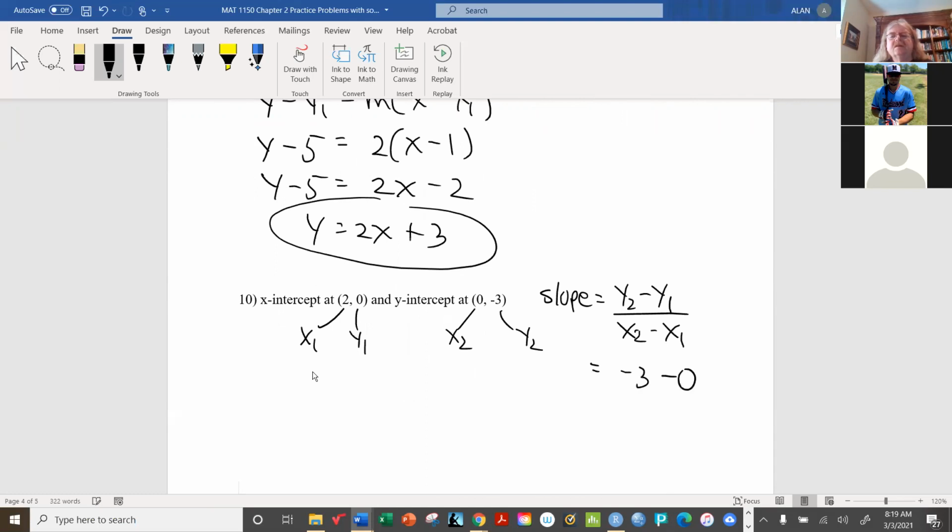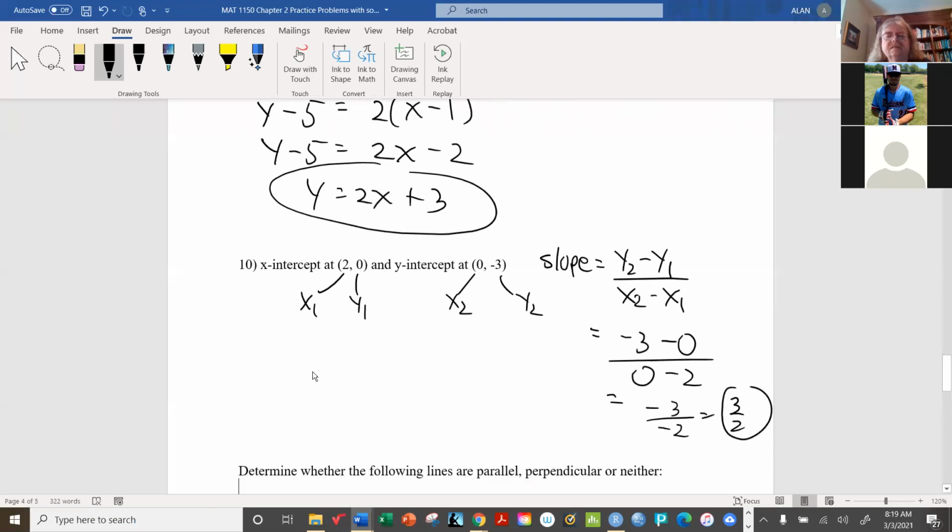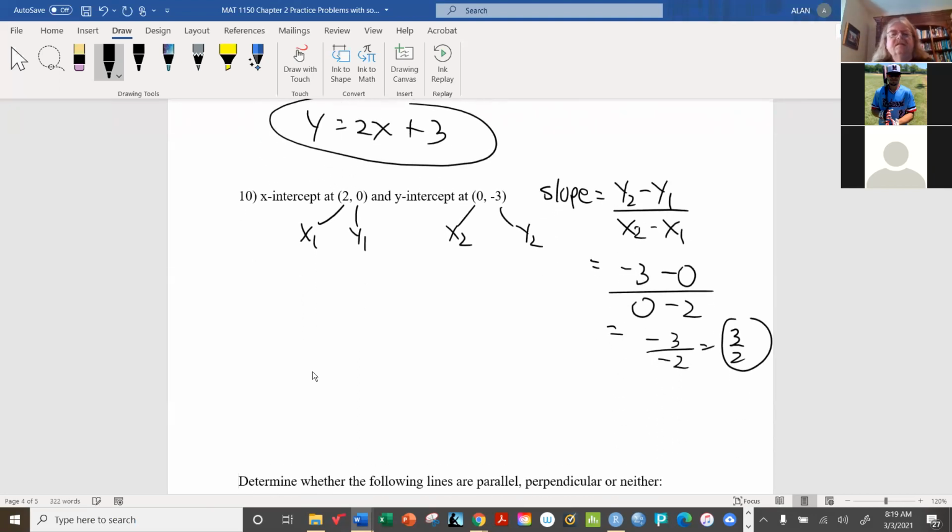Okay, -3 minus 0 over 0 minus 2. All right, so that turns out to be positive 3/2. And then, with that knowledge in place, let's see what we've got.